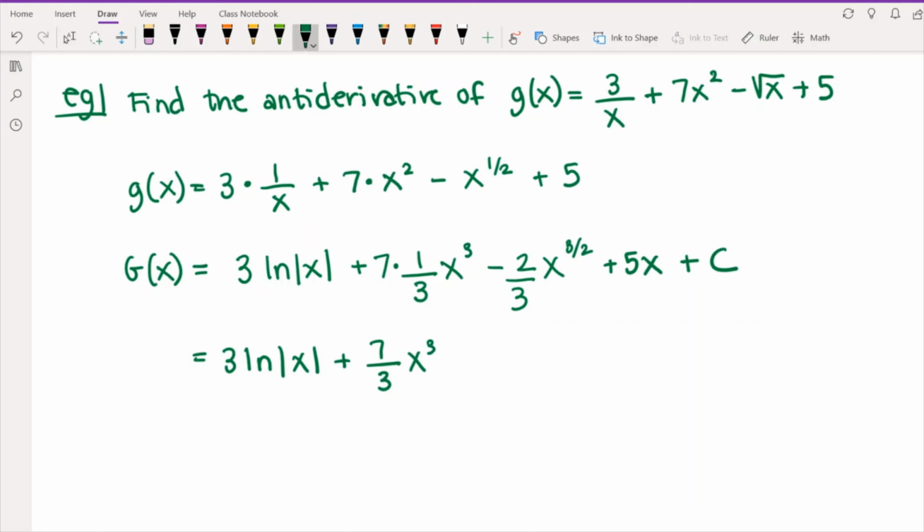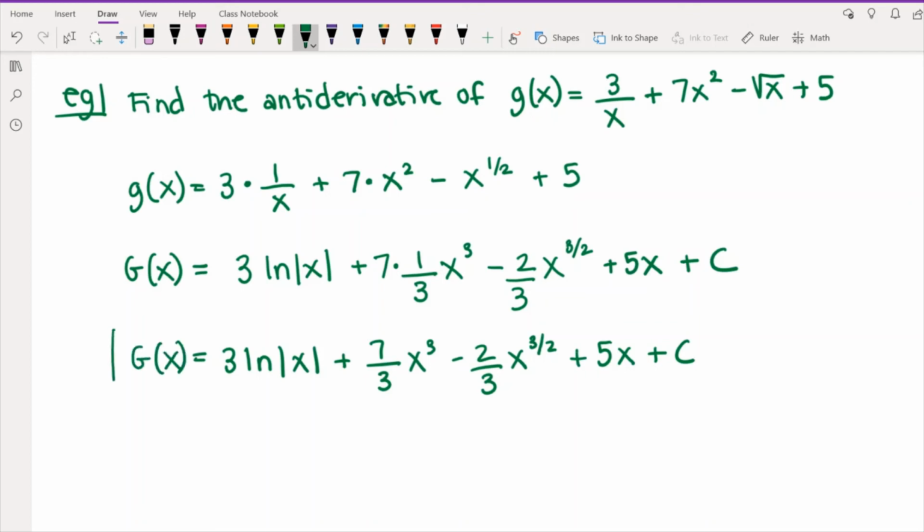My bad, sorry. I was thinking about telling you to check your answer by taking the derivative, and then my brain just started taking the derivative. But I was just trying to rewrite the function a little more nicely. So this is our antiderivative.